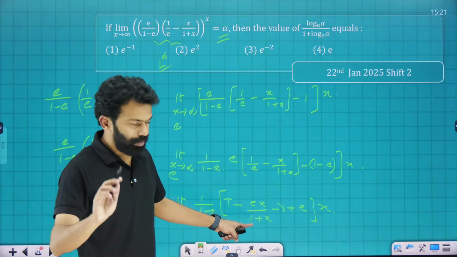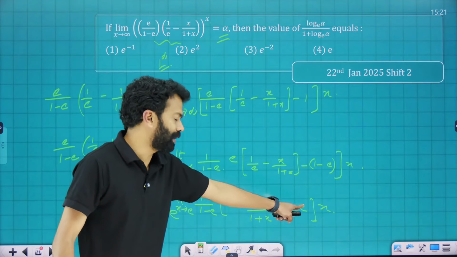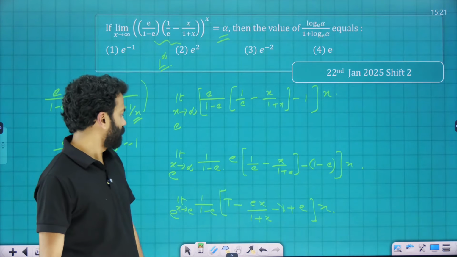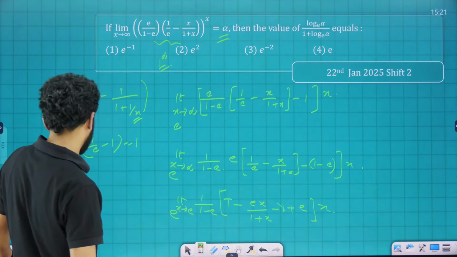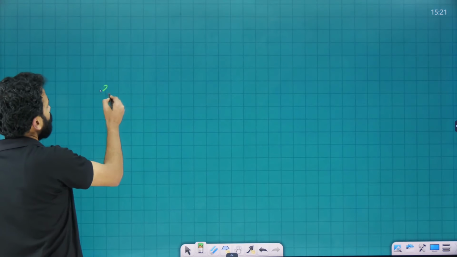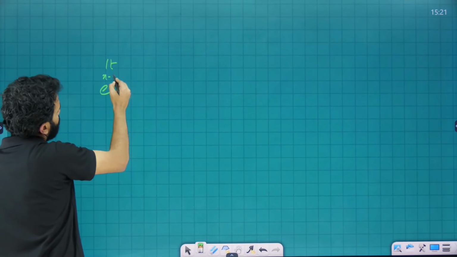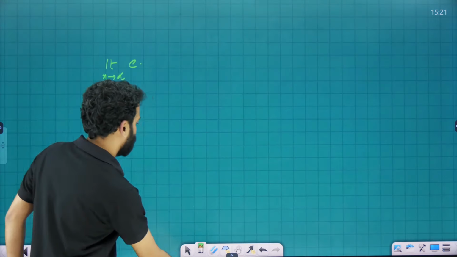And just imagine what will happen if you cross multiply this with 1 + x. It will be e + ex, and that ex and minus ex got cancelled.